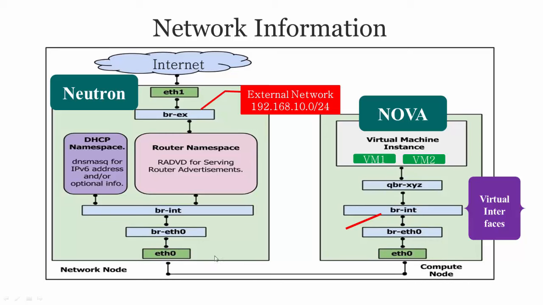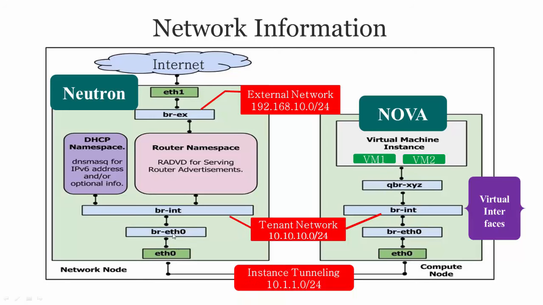ETH0 can be used, and this bridge integration will have the tenant network address, and this tenant network address will be assigned to virtual machines in Nova, and this interface is connected to ETH0.